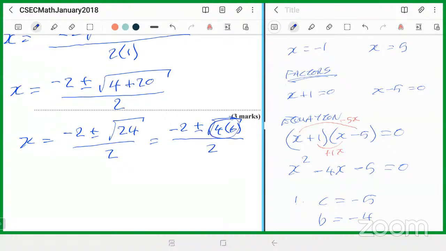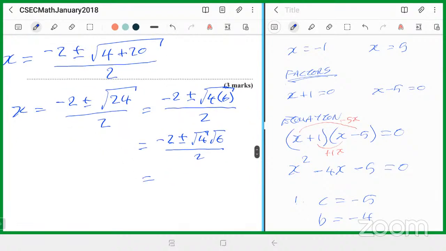The square root of 4 times 6 is the same as the square root of 4 times the square root of 6, divided by the 2. The square root of the 4 is 2, so it becomes -2 plus or minus 2 times the square root of 6, divided by 2. So you see where I get the root 6.